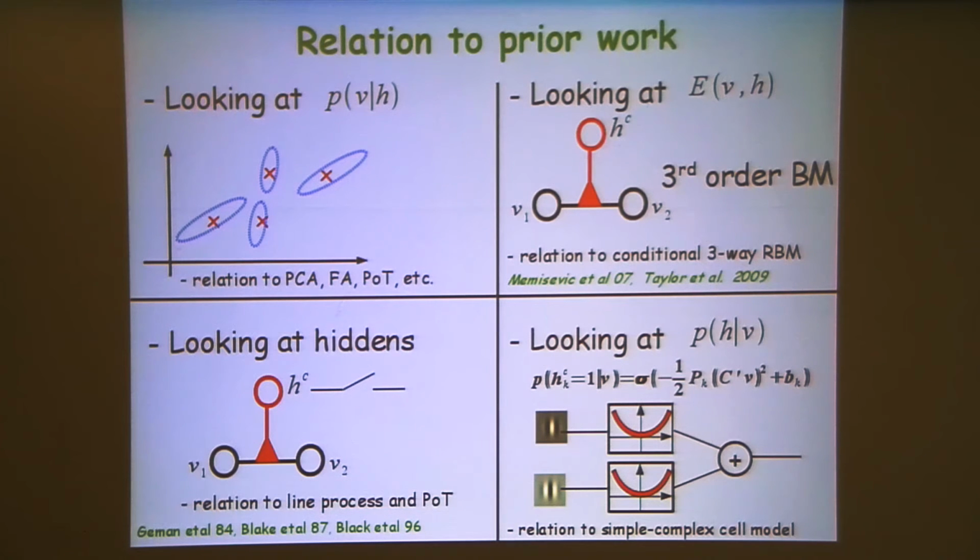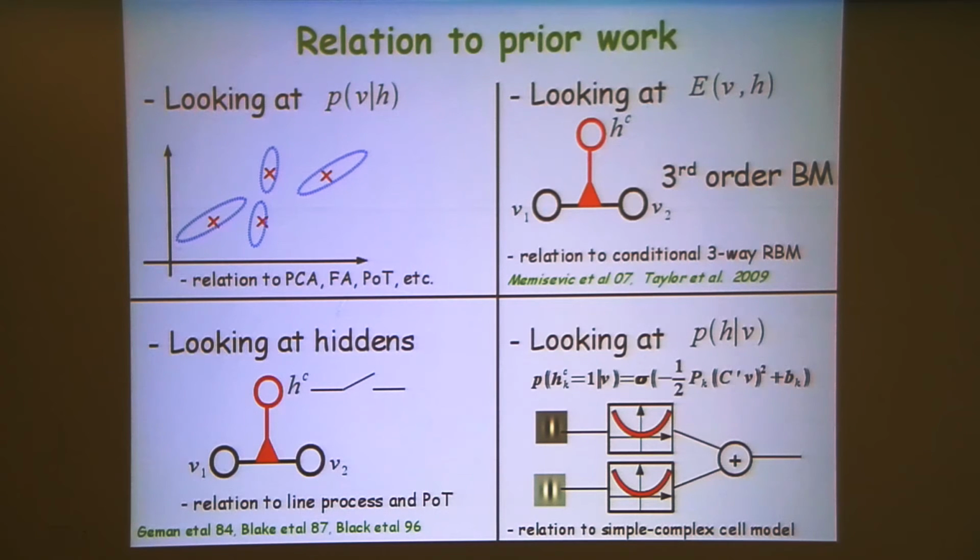But in their case, they would take 2 consecutive frames from a video, and they would try to relate how pixel I in the first frame relates to pixel J in the second frame. While in my case, the 2 frames are the same image. So I'm looking at dependencies between pixels within the same image.